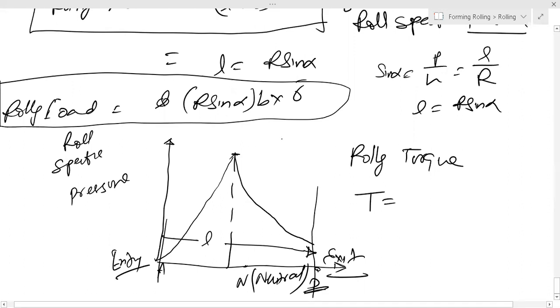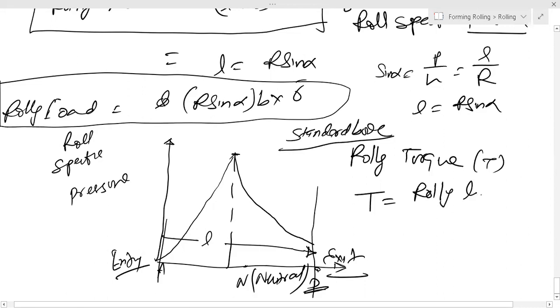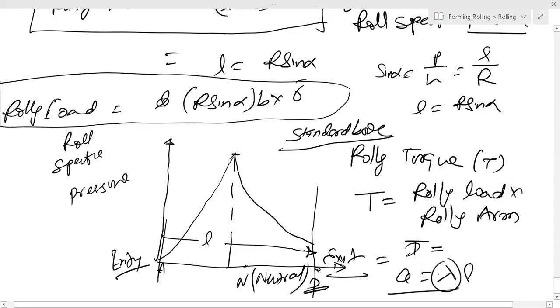Torque T is equal to rolling load into rolling arm, and rolling arm A is equal to lambda into L. It is not a friction angle. Lambda is a constant, that is 0.43, and L is your projected length.